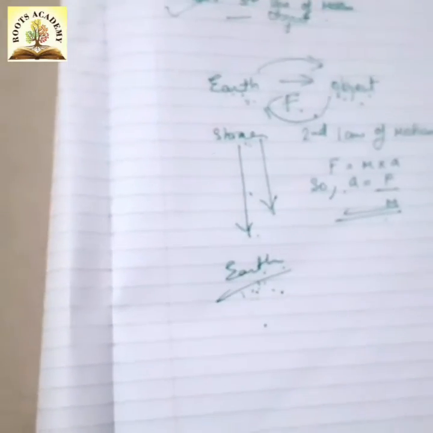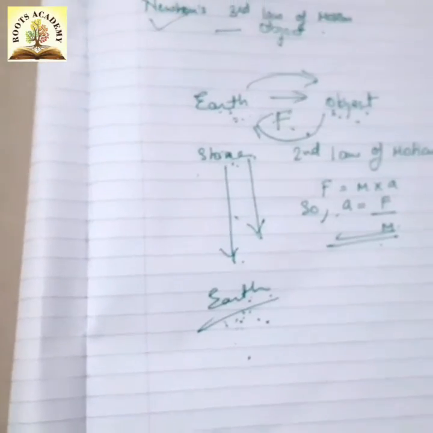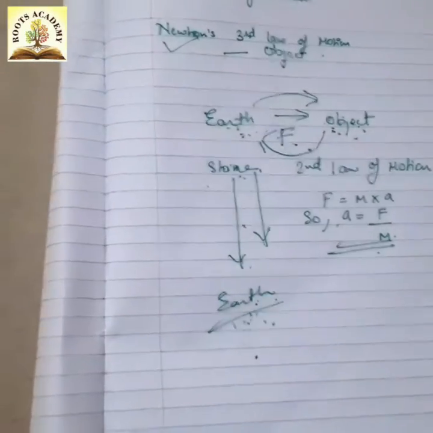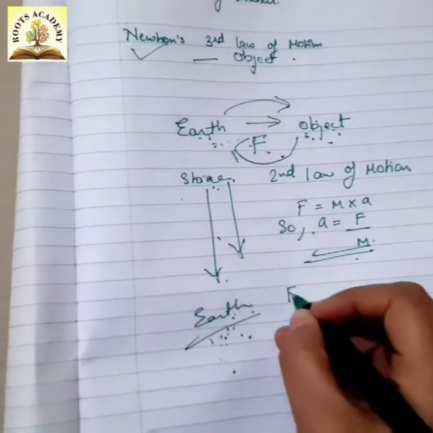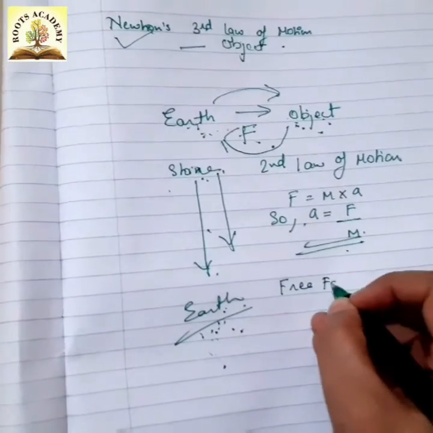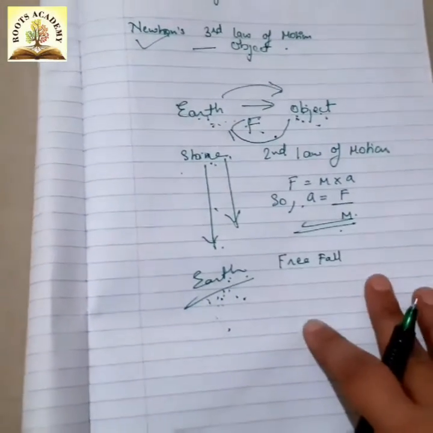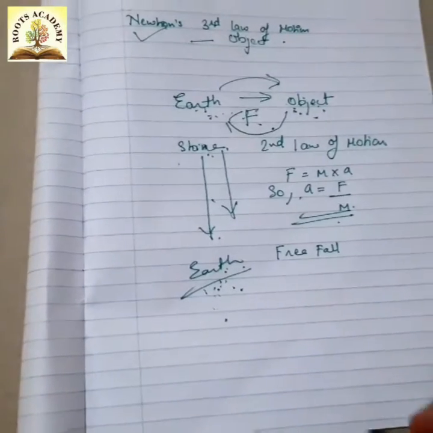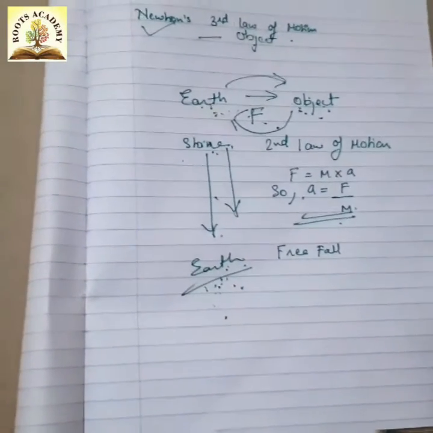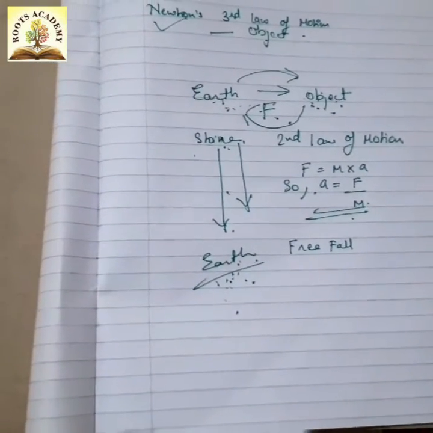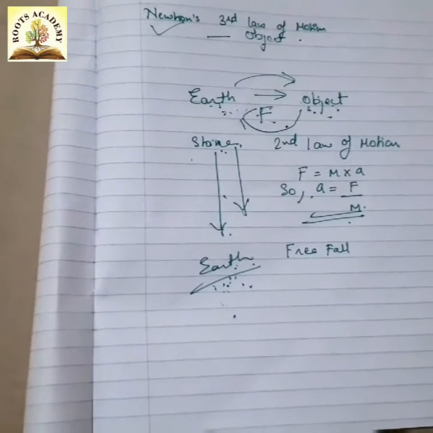So if you understood why the stone is moving towards the earth, there is one more word which you always find in your textbook, that is a freely falling body. What is a freely falling body? Any body which moves under the influence of the gravitational force of the earth is called a free fall body.